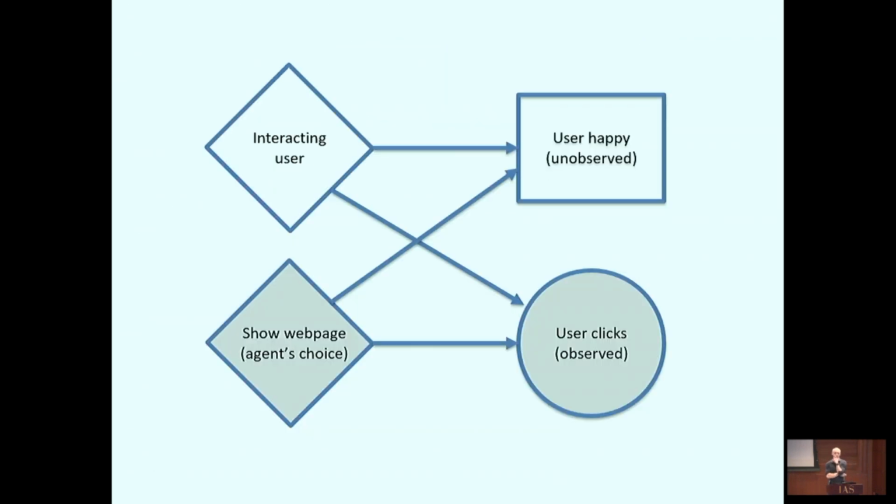So here's an example to make it a little bit more concrete. Maybe this is played in rounds. It doesn't matter, you have this graphical model. So the agent can choose to show a web page. And there's a user coming to a website. And the user has their own interests, a complex personality, which we know very little about, right?